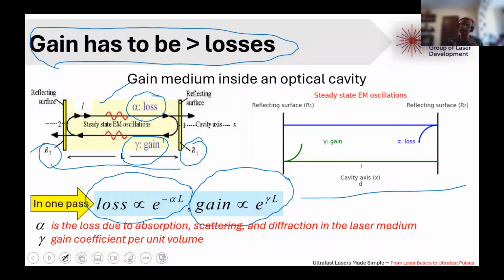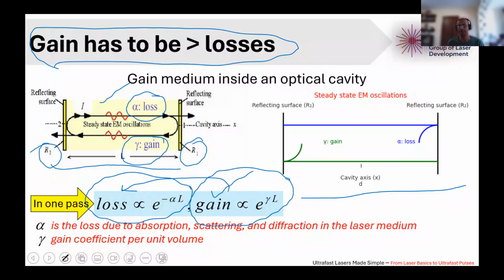When the gain decays exponentially, maybe the loss grows exponentially. Both are exponential functions, and L is the length of the cavity, which is obvious. So this gain is supposed to be greater than this loss, so we can have laser action.